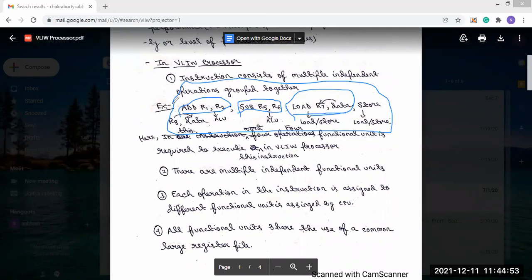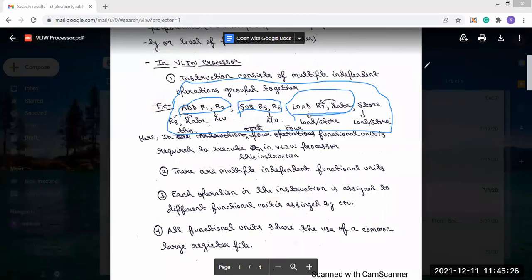These independent operations are grouped together to form the VLIW instruction. That means in a single clock cycle, all these independent operations will be executed because they are inside the same instruction word.